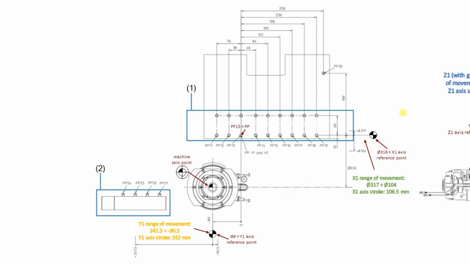Let us look into the range of movement of axis X1. It is determined according to control point. This control point cannot reach the machine zero position. The smallest value is 104.